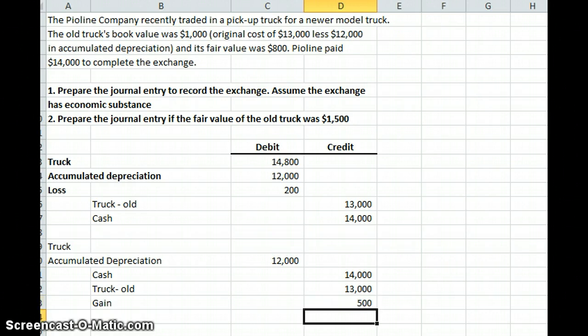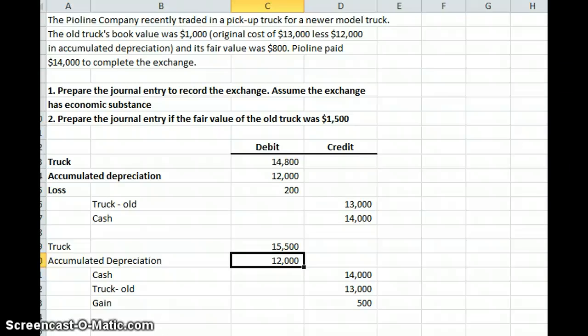So we're going to have a gain on this transaction of $500. Our truck is going to be equal to $14,000 cash plus the $1,500 fair market value of the truck that we traded in, so it's going to be $15,500. Okay, so our entries debit to credit equal $27,500.